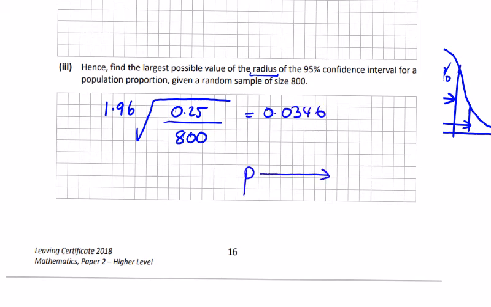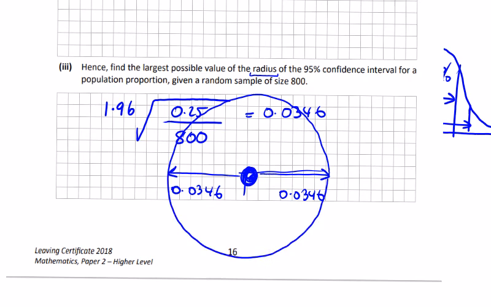It's spreading 0.0346 that way, and 0.0346 that way. So if we imagine p is the center of a circle, the radius of this circle, if we draw it around, is going to be 0.0346. So that is the largest possible value of the 95% confidence interval, 3.46% if you want to write it as a percentage.